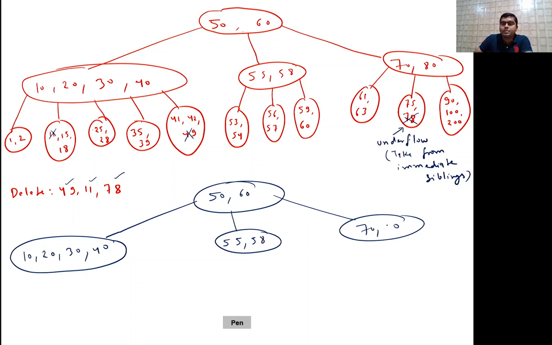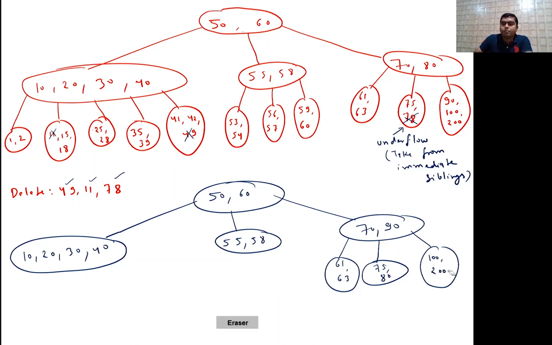Now 90 goes up and 80 comes down, so 75 and 80 are here. Before that it is the same, 61 and 63. After that, the keys are 100 and 200.